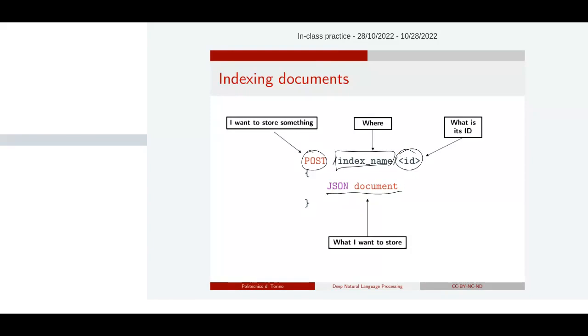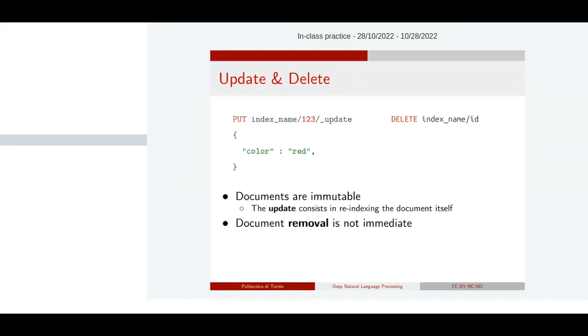A document is like a JSON document, with key-value pairs like the text of the document and the ID of the document. So I can define the document as a JSON document.